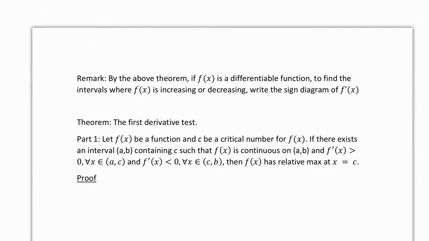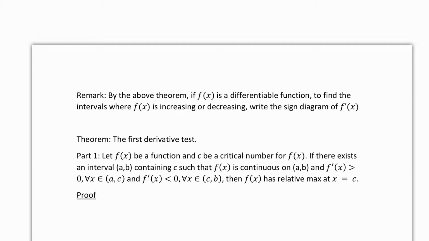Now I know that's a lot of words, but let's go ahead and draw a quick diagram to see what's going on here. So we have an interval a to b. And in that interval, we have some number c. Now, on the left side, from a to c, we're told that f prime of x is greater than 0.